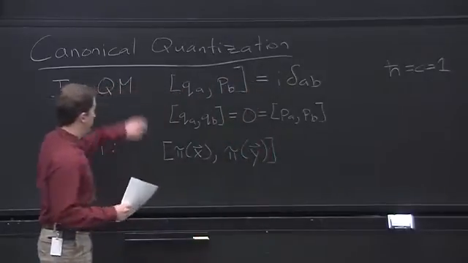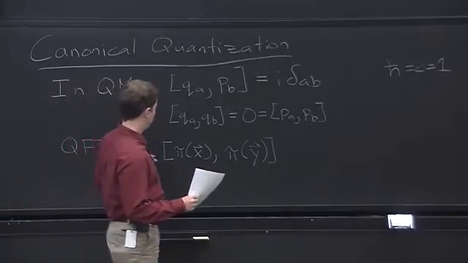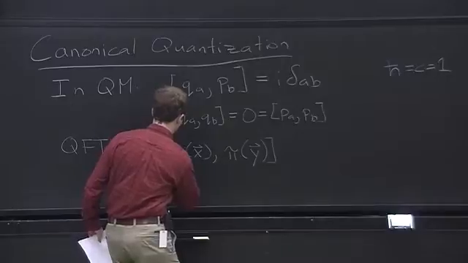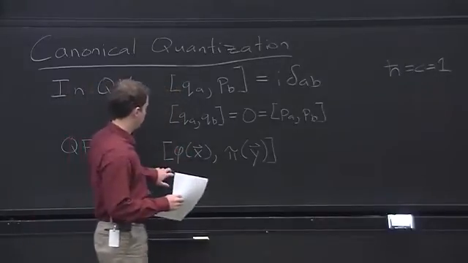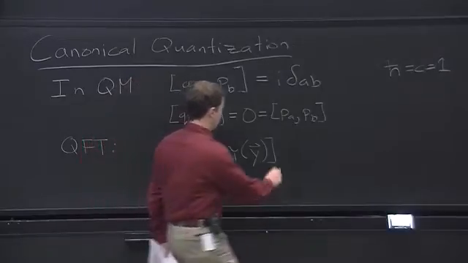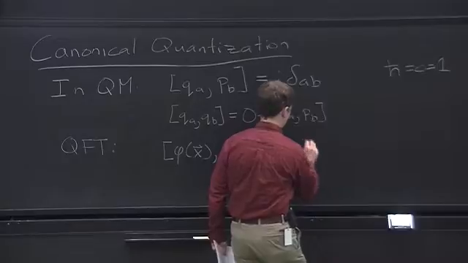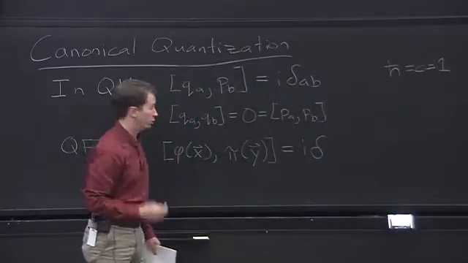And just like we would do in quantum mechanics, we want to promote, sorry, this should be phi, these classical fields to operators that satisfy the commutation relation, and this Kronecker delta now becomes a Dirac delta.